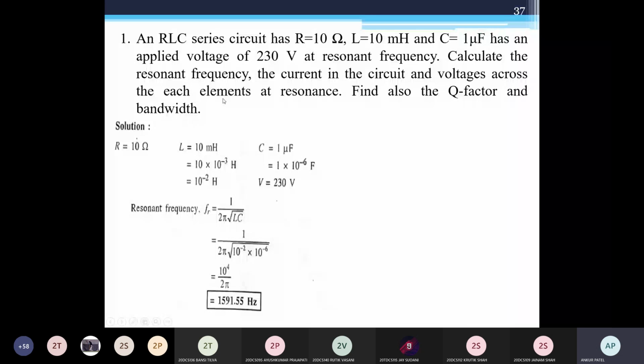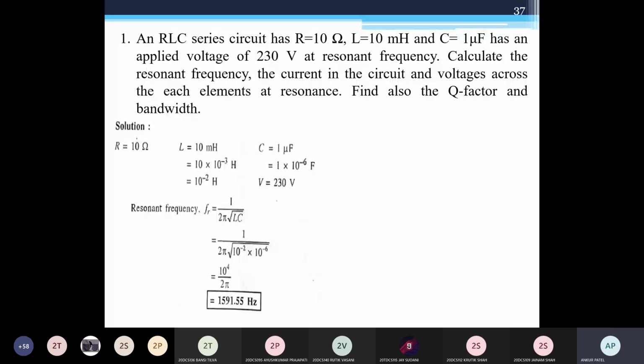Then you need to find voltage across each element at resonance. So we have three elements R, L, C. So you need to find VR, VL, and VC. VR you know is IR, VL is equal to I into XL, and VC is equal to I into XC. First find out XL and XC.